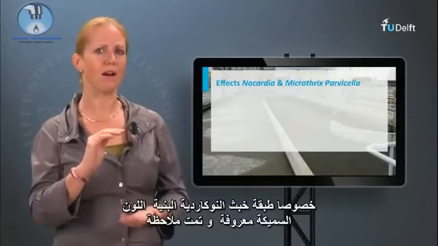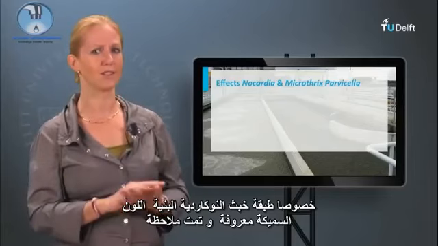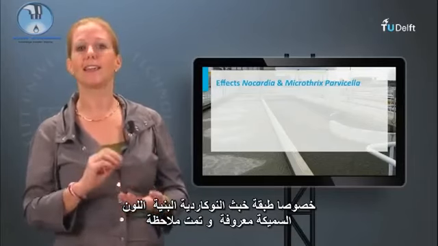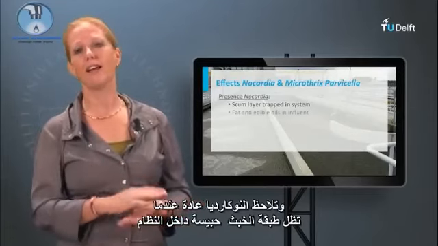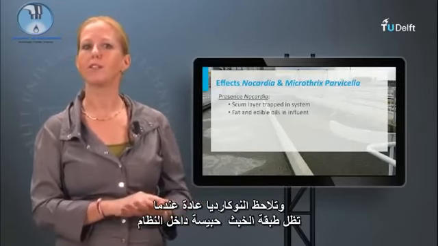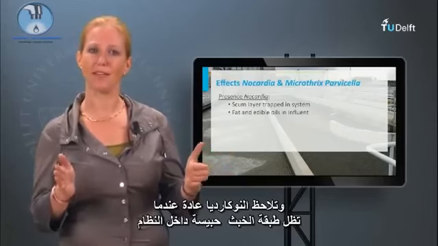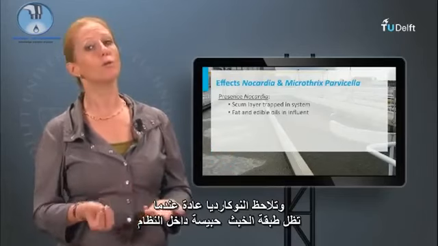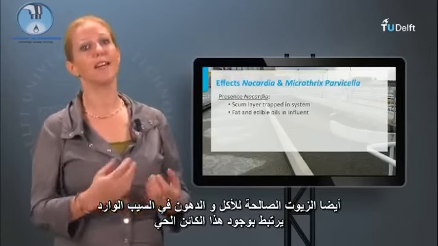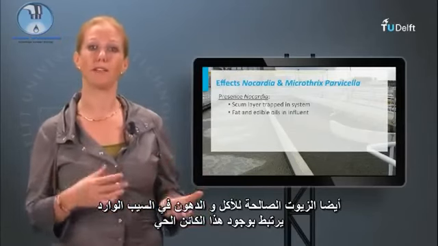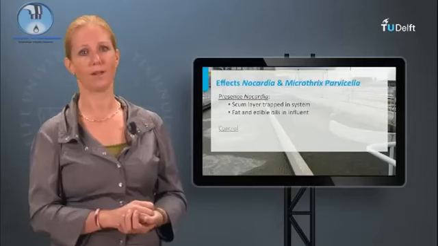Especially the thick brown colored nocardia scum layers are known, and layers as thick as 1 meter have been observed. Nocardia is typically observed when the scum layer is trapped and kept inside the system. Also, fat and edible oils in the influent is associated with the presence of this organism.